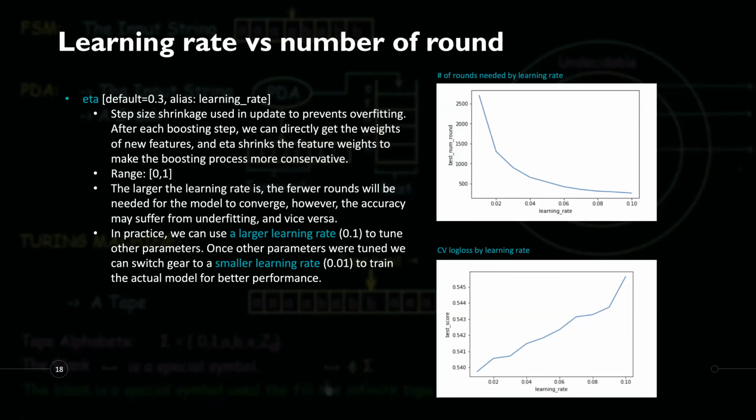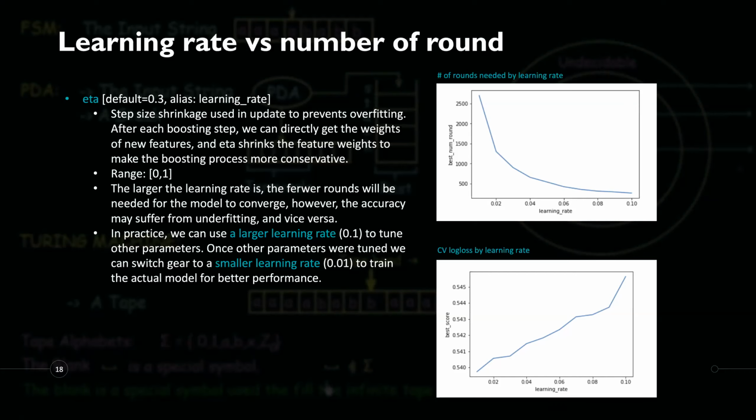So in practice, one useful trick is that we can use a larger learning rate, say 0.1, to tune other parameters. And once we get the other parameters tuned, we can switch gear back to a smaller learning rate, for instance 0.01, to finally train the model for a better accuracy.